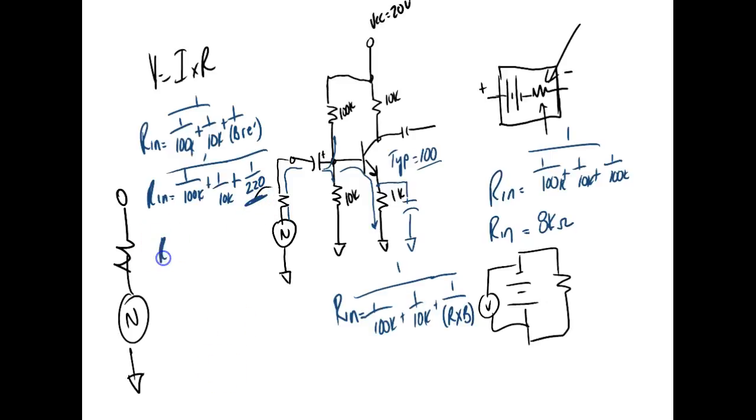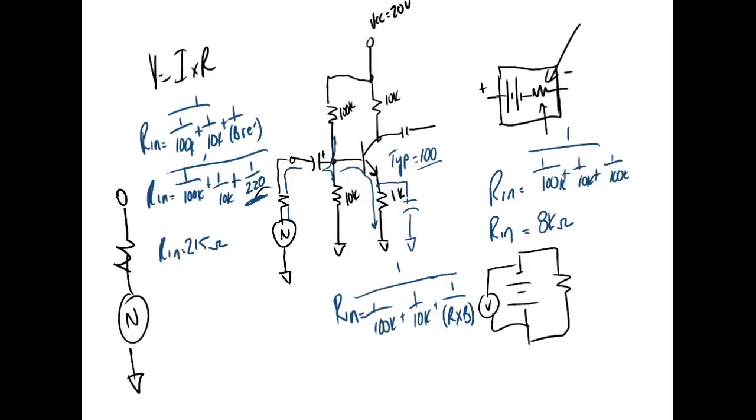So Rin dropped down to what? About 215 ohms. So it means now my signal source is going to be loaded a lot more. So now my signal voltage is going to drop because my input requires more current, right? Do you understand that?